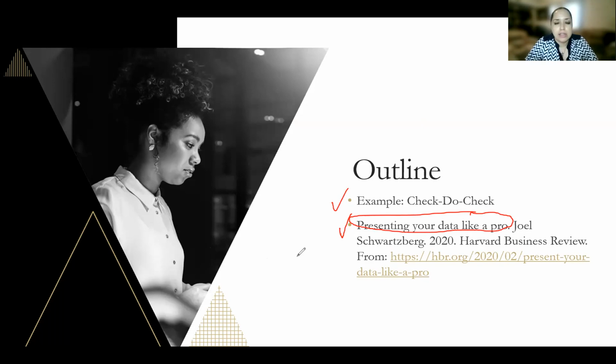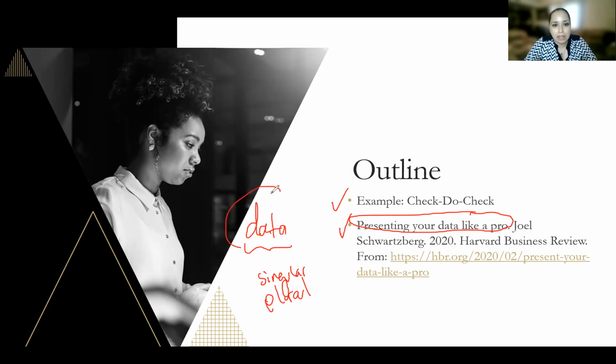I have to say this for Spanish speakers: data, datos, información. That's the way you say it in English. It's used for both singular and plural. It's the same thing. There's no such thing as datos or datas.